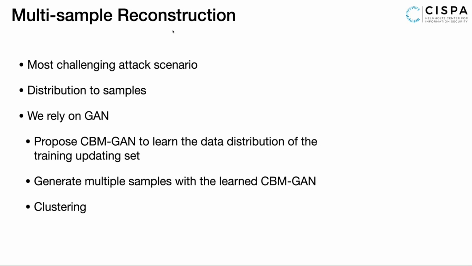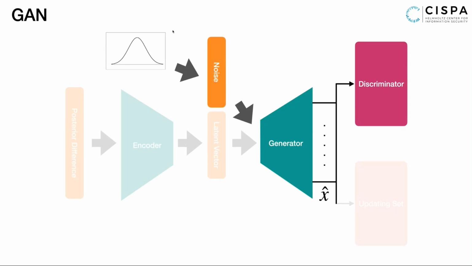Nowadays, when people talk about learning a distribution, the first thing that should come to your mind is so-called generative adversarial networks. That's what we actually do here, but we cannot just use the original GAN, because it does not necessarily fit our setting. So we propose a new GAN called the CBM-GAN.